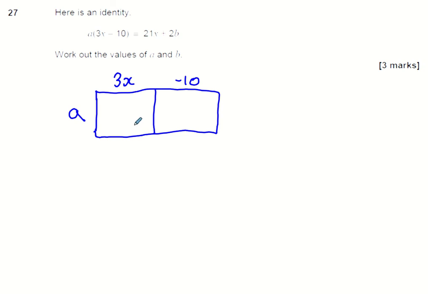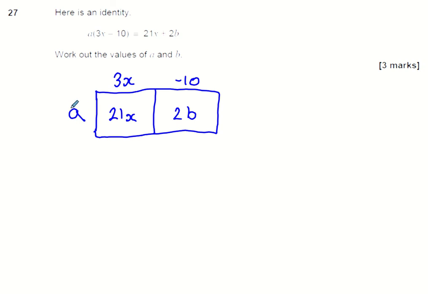The nice thing about this question though is that since we know that A with 3x minus 10 in brackets multiplied together is 21x plus 2b, I actually already know what the answer is going to be. This has to come out at 21x, and this has to come out at 2b, a positive 2b. And we can now work out what some of these numbers are.